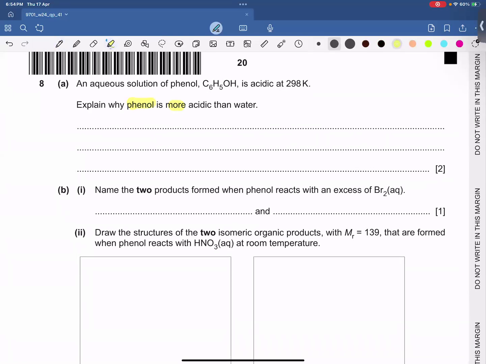Explain why phenol is more acidic than water. Because it donates its proton easily.